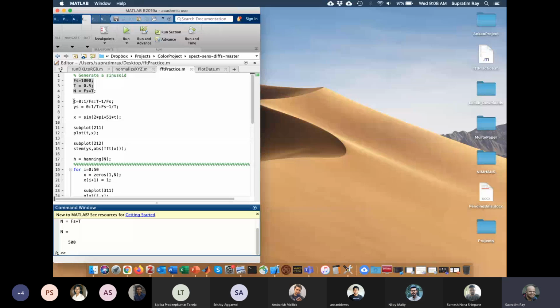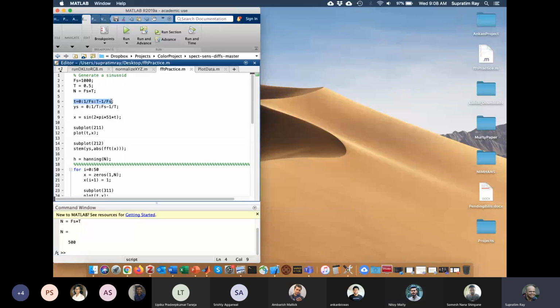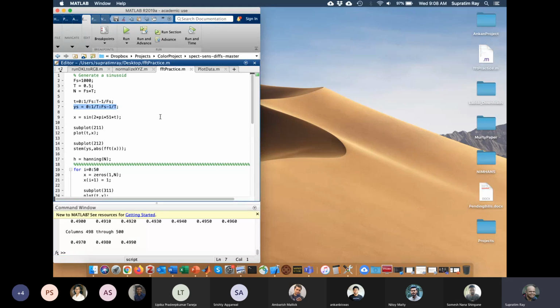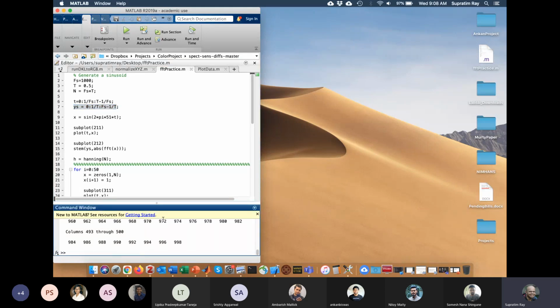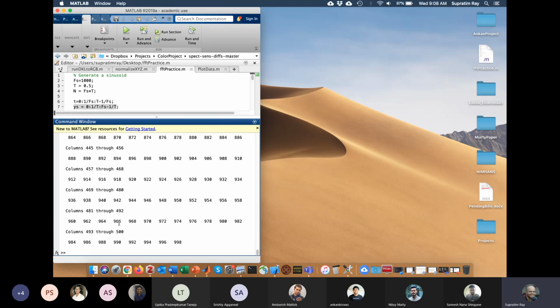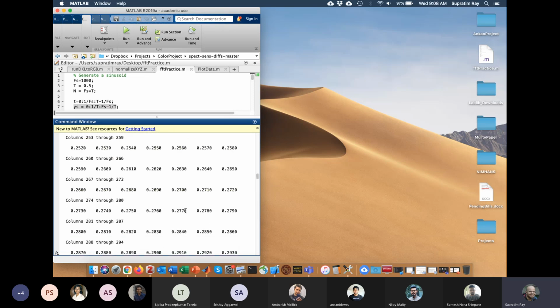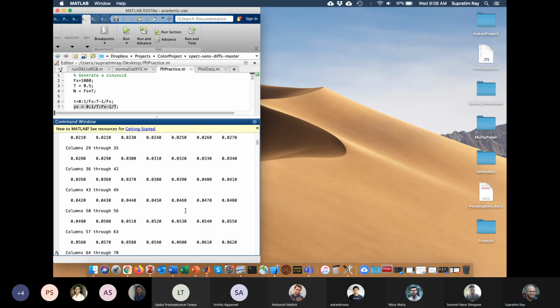So T, the time vector, has 500 points going from 0 to 0.999. And the frequency axis also has 500 points going from 0 to 998. Okay, so the frequency resolution is 2 hertz.